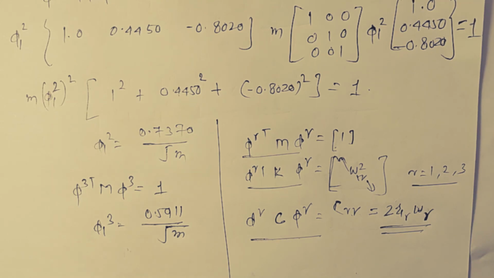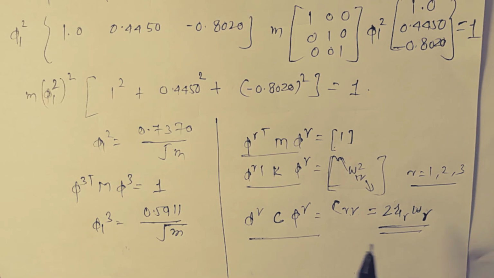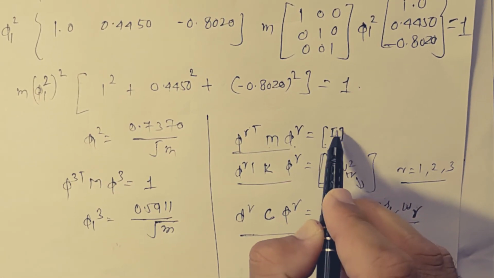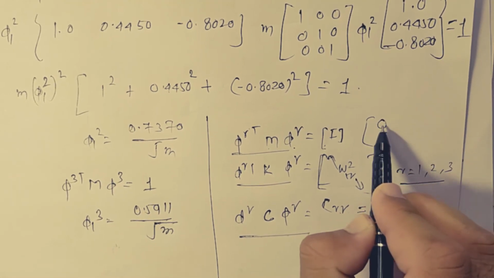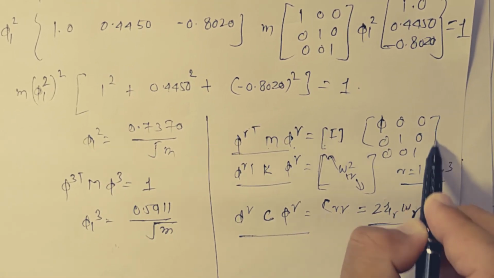And most importantly, if the modal matrix is mass normalized, then if we pre-multiply with the transpose and post-multiply with the modal matrix, we'll get phi r transpose m phi r equals the identity matrix, which would be 1 0 0, 0 1 0, 0 0 1.